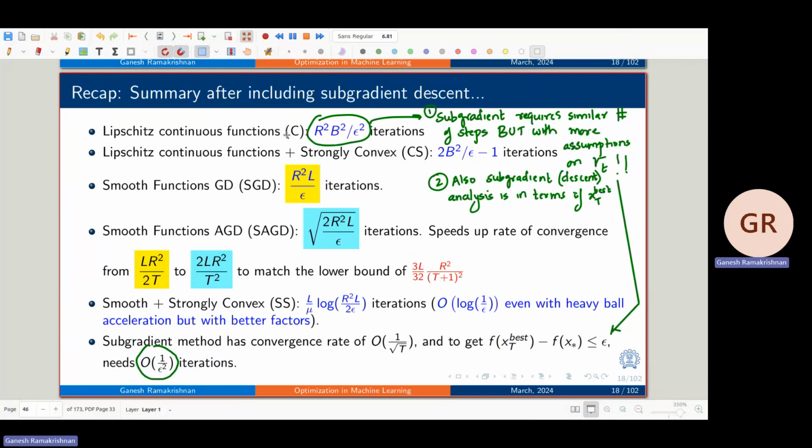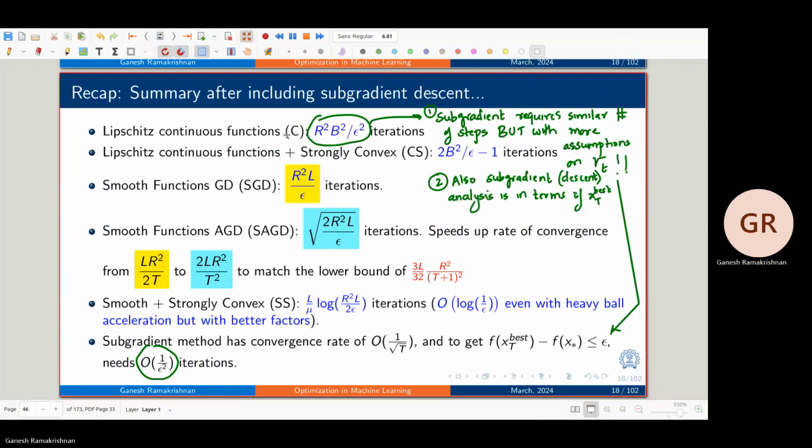It's the same as gradient descent with Lipschitz continuity. The only thing is we needed a lot more assumptions on gamma. The gradient descent convergence proof to 1 upon square root t was a lot more easygoing.